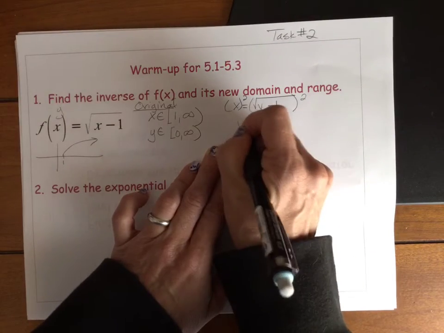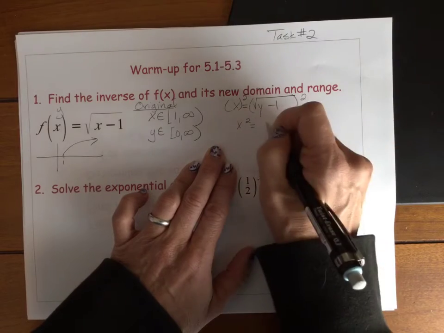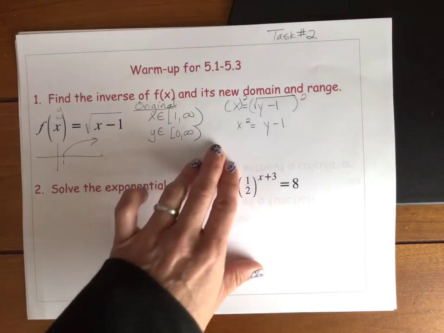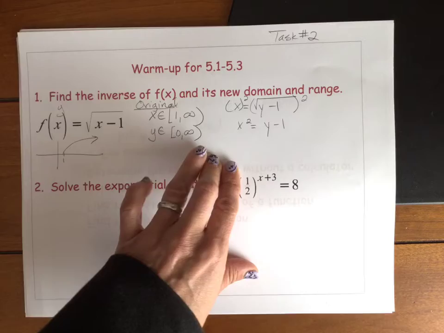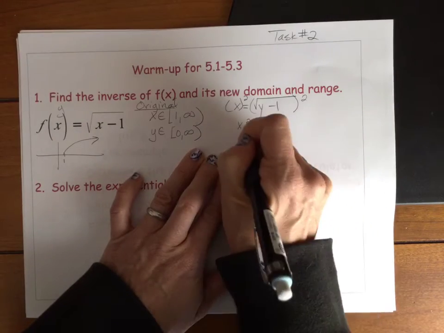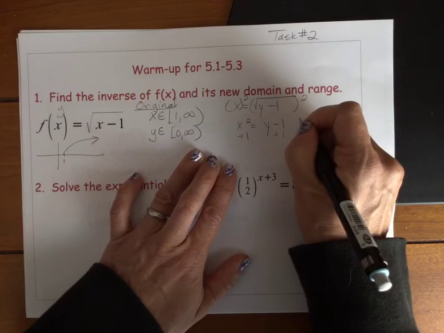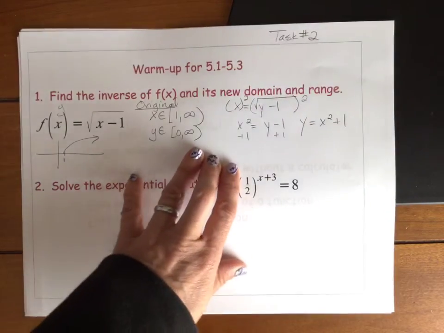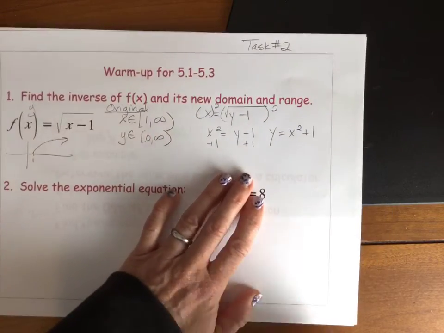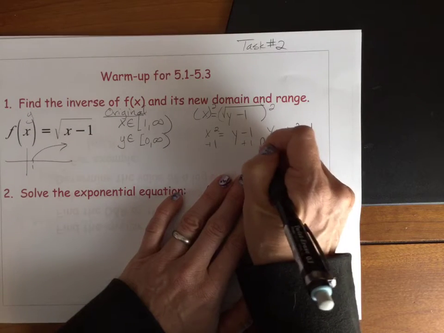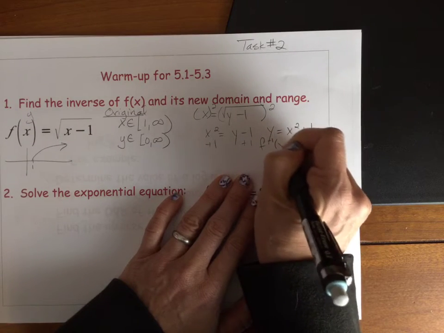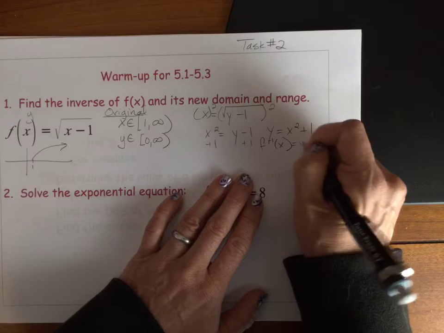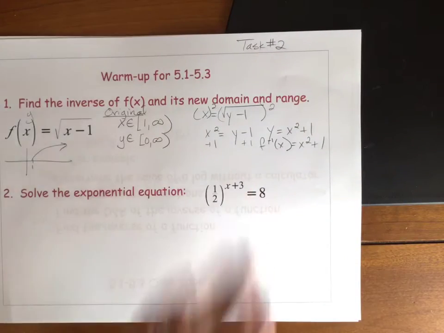That leaves me x squared equals y minus 1. Now to get y by itself, I'm just going to add 1 to both sides, giving me y equals x squared plus 1. The correct notation for that is f to the negative 1 of x equals x squared plus 1.